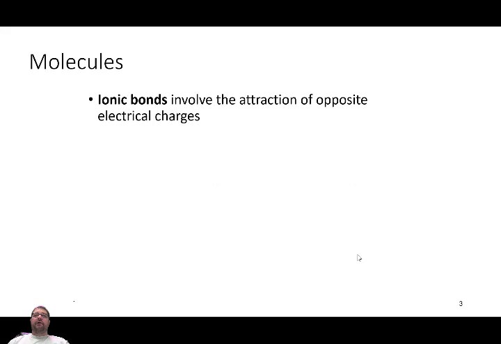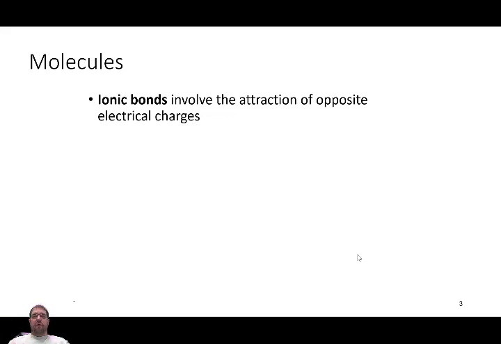First, let's talk about ionic bonds. You might have seen that in that water molecule, one side of the molecule has a positive charge and the other side has a negative charge. Technically, this is an ionic bond.